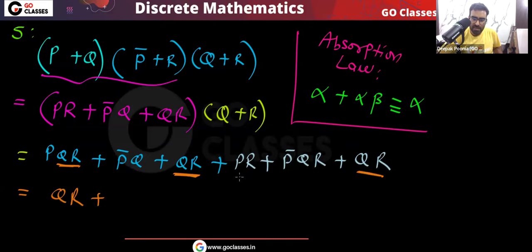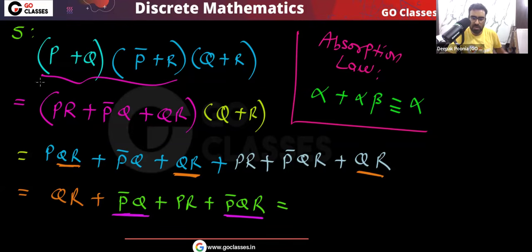Next you can see what we have: P bar Q, or PR, or P bar QR. Here I can apply the absorption rule.